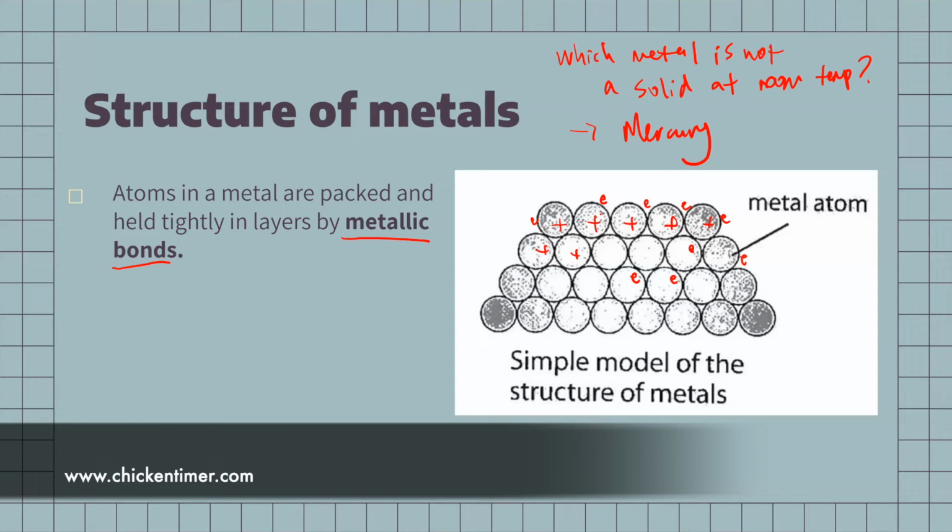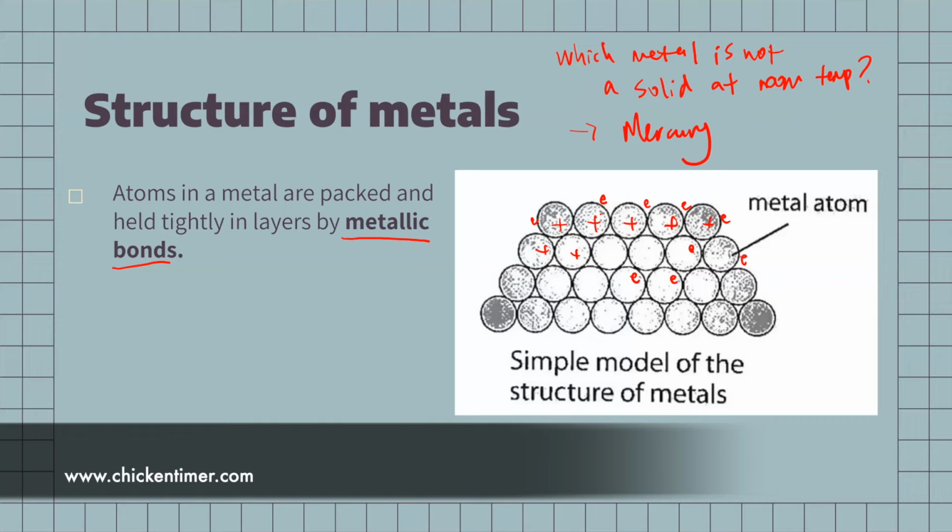But for you, you just need to know it's metallic bonding, and you don't have to go into what metallic bonding is. When they ask you about metals, they are always held in a closely packed arrangement, and they have a strong metallic bond that keeps them together. Just need to know that.